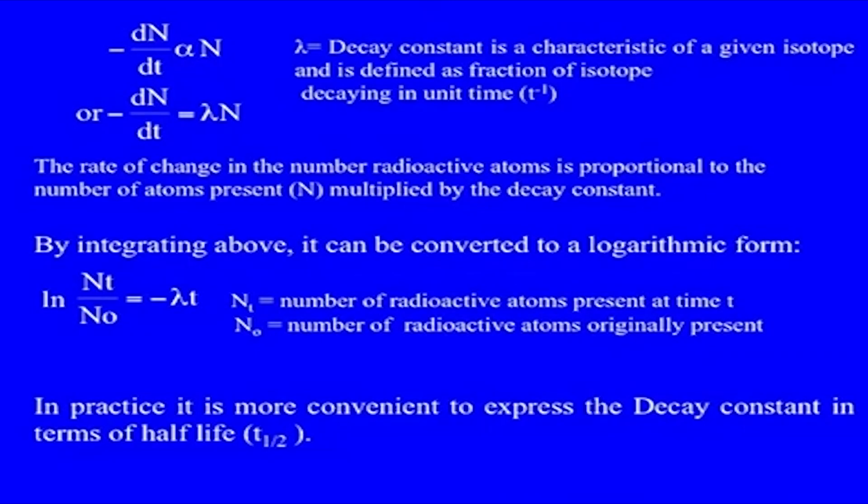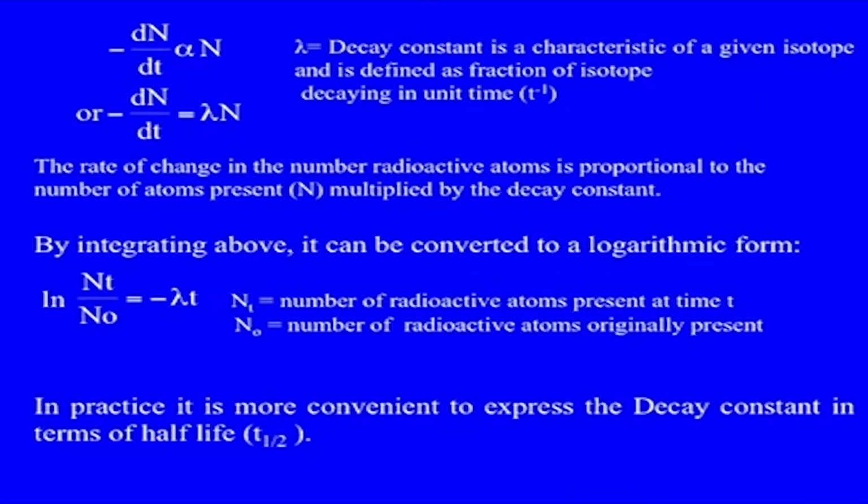Now, if you integrate and convert it into logarithm form, then ln(Nt/N0) = -λt, where Nt is the number of radioactive atoms present at time t, and N0 is the number of radioactive atoms originally present.